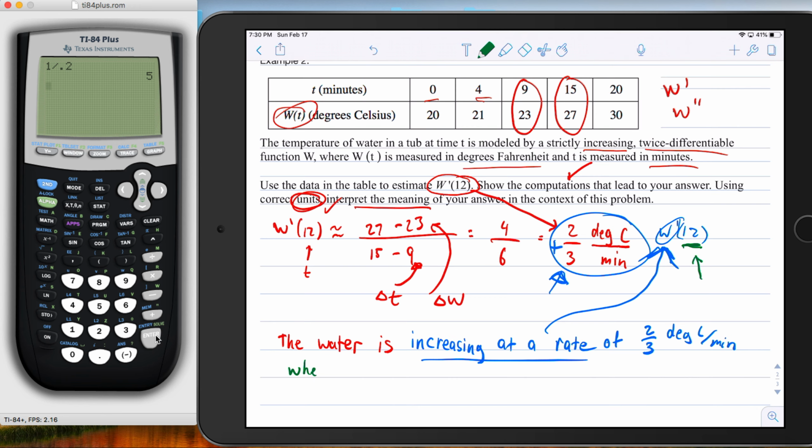When t is equal to what? 12 minutes. And that is a complete answer. So you need 3 parts to answer this question. You need to say the increasing. You need to give the units. And then you have to say the time. So those are the parts that you need.